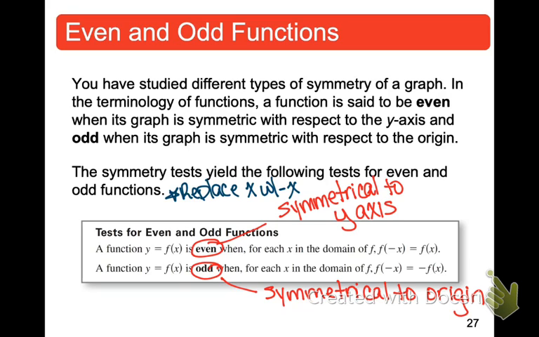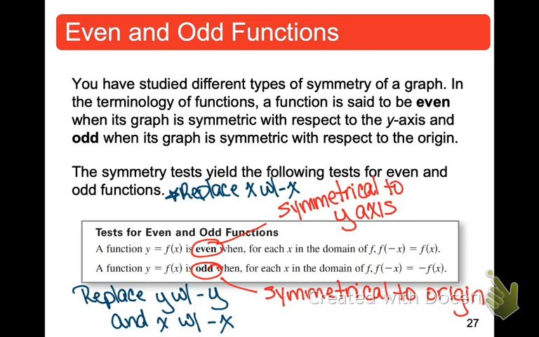And that means for it to be odd, we replace y with negative y and x with negative x. So we're really not doing anything new when we start talking about even and odd functions. We're just talking about symmetrical to the y-axis and symmetrical to the origin.